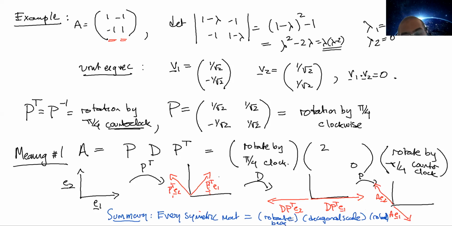So that's a very amazing characterization. And symmetric matrices really come up all the time. I spent most of my mathematical life looking at symmetric matrices. So this is not some very special class of matrices that's not important. It's really important. So that's the first meaning of the theorem.